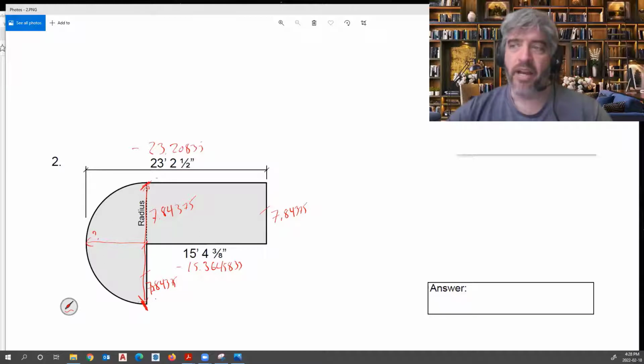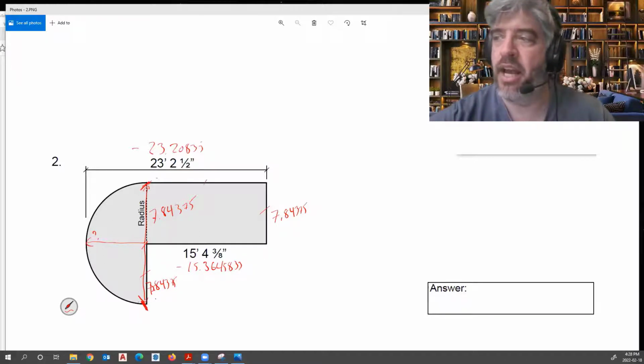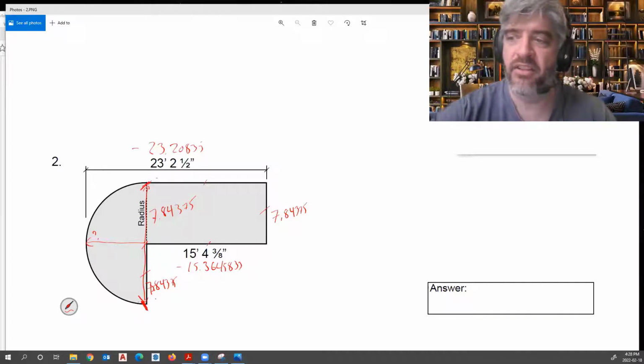Okay, so right now I have 4 of the sides that I need, right? I have this one, this one, this one, and this one. Now I just need this circle.